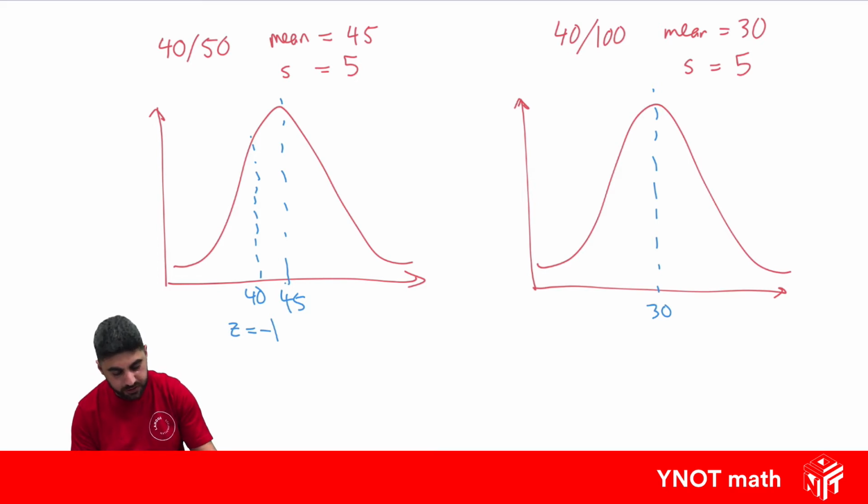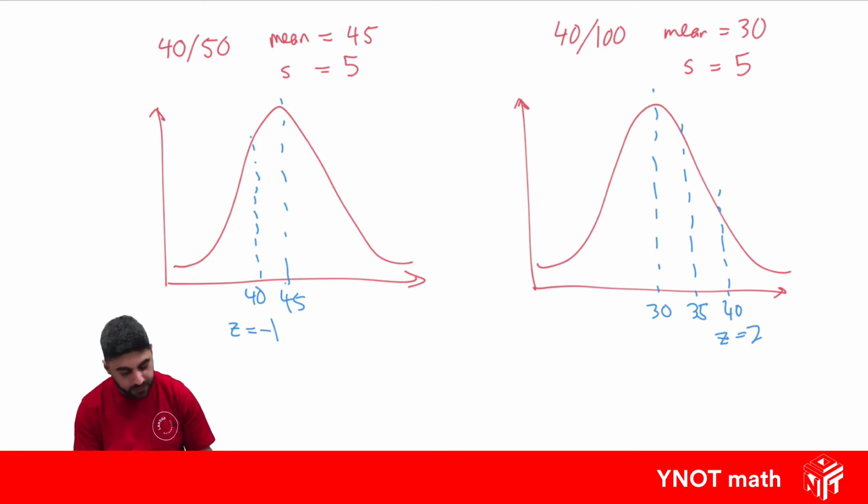In this one, the mean was 30, and you got 40 with the standard deviation of 5, so 1 standard deviation above is 35, because you just add the standard deviation. Add another 5 for the standard deviation, you're on 40, and you got a z-score of 2. So because this z-score is higher than this z-score, you could actually argue that you performed better with the 40 out of 100 than the 40 out of 50.